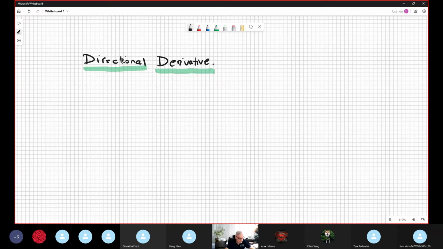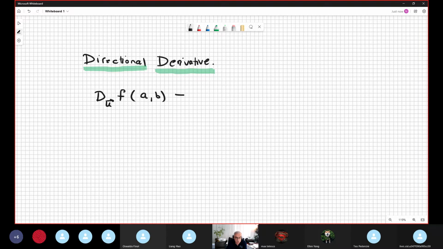Let me explain in detail the definition first, and the important property of this and the connection with the gradient. Look, definition. Let's call it capital D sub u, with u a vector, of the scalar function f evaluated at the point a, b.